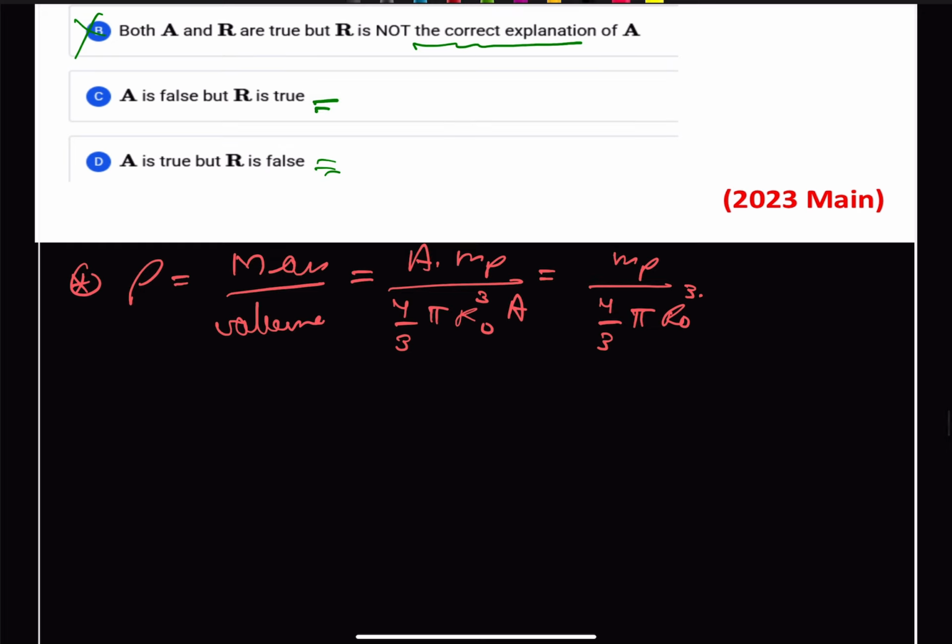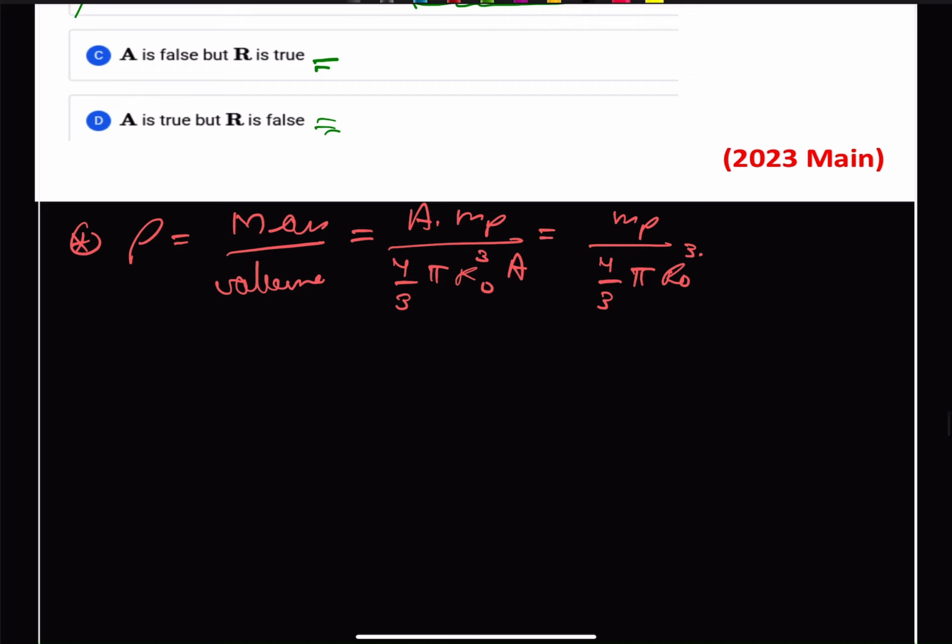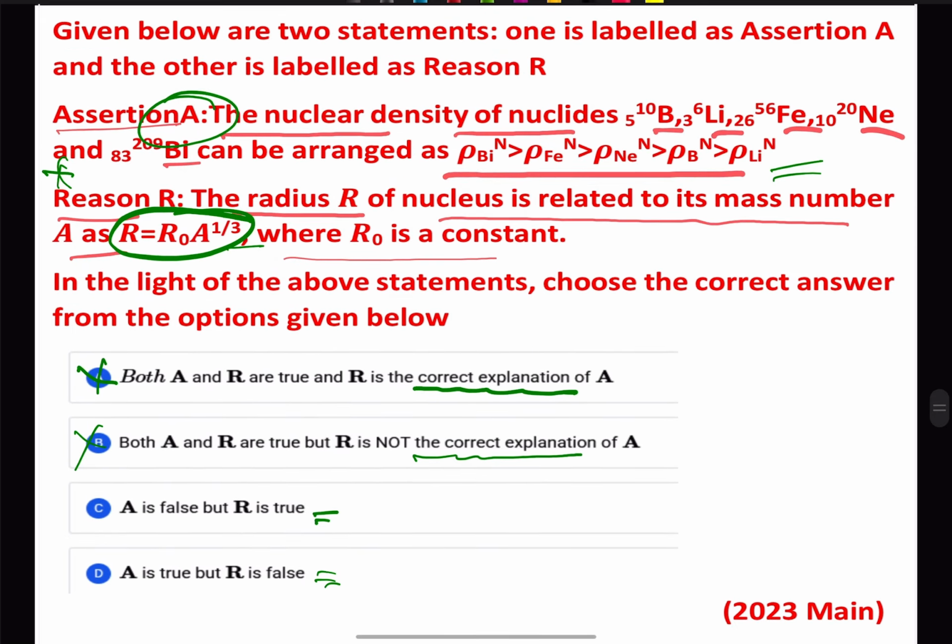Therefore, from this we can say the density is independent of the mass number.